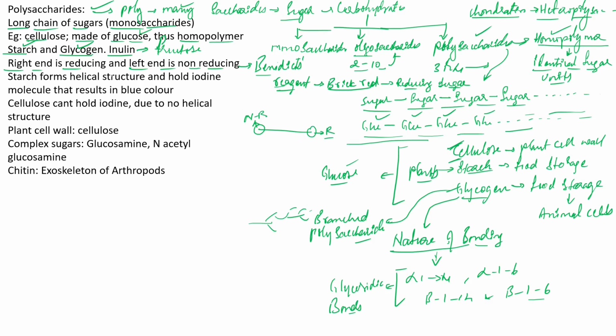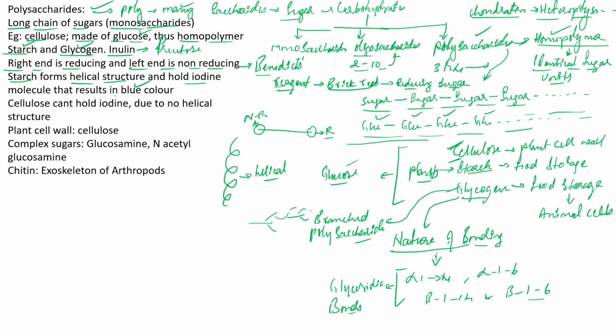Now, if you consider starch for our discussion, it forms a helical structure. Helical means a spring-like structure. Because starch can behave in a helical way, it can bind to iodine, which results in the formation of a blue color.